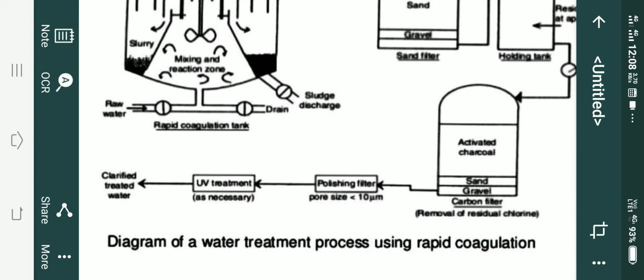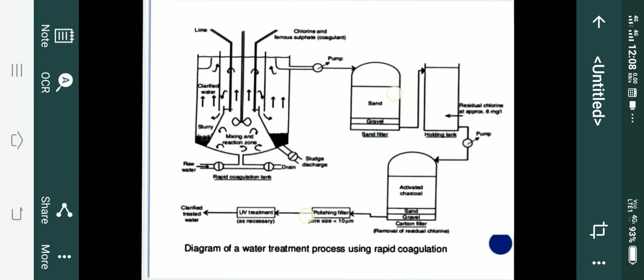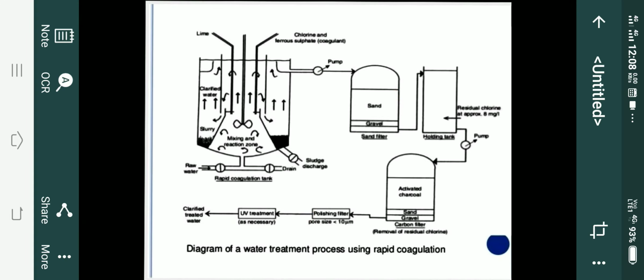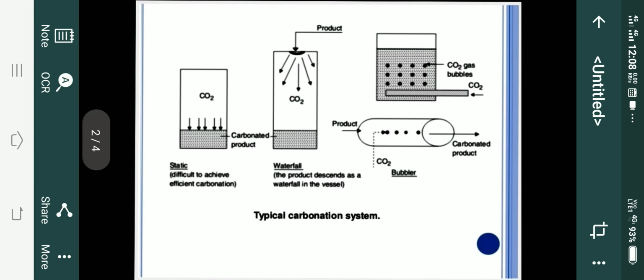And now you can see the clarified water from here. So this is the diagram for the water treatment process. Now second is the typical carbonation system, that we will see later.